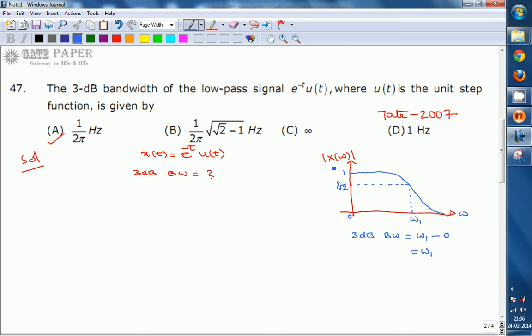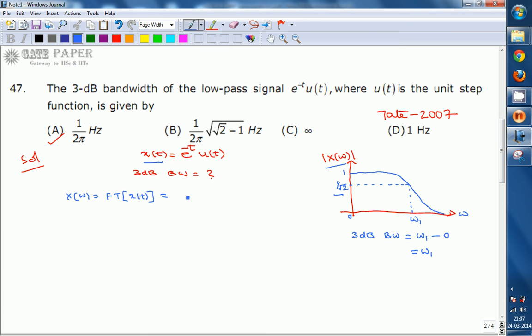Now we are going to find the Fourier transform of this x of t. After that we find the magnitude, and by making that magnitude equal to 1 by root 2, we will get the omega 1 value, which becomes the 3 dB bandwidth. So x of omega equals the Fourier transform of x of t.